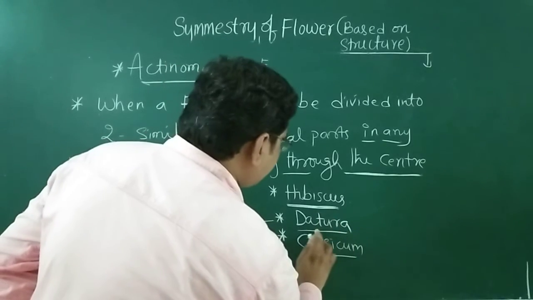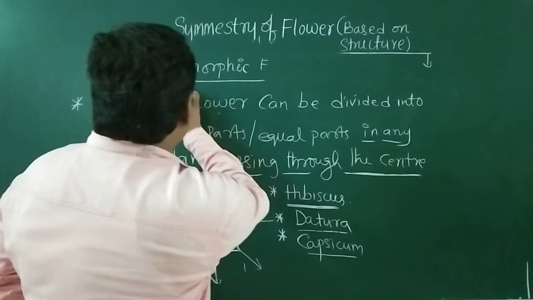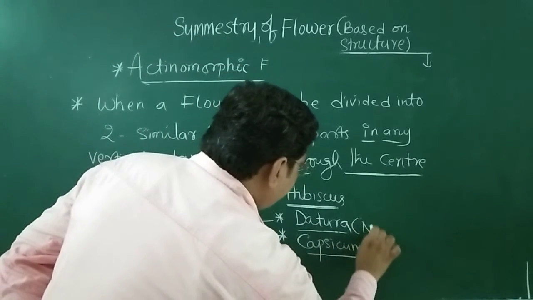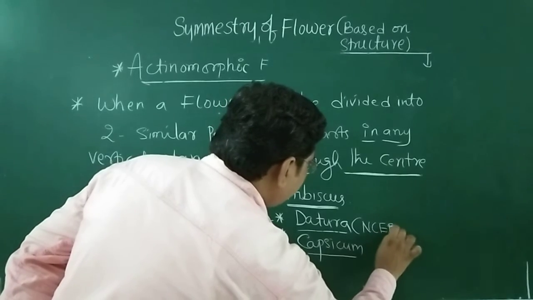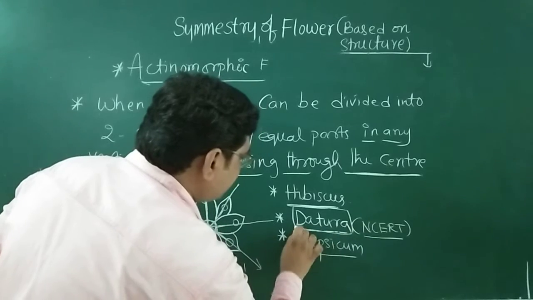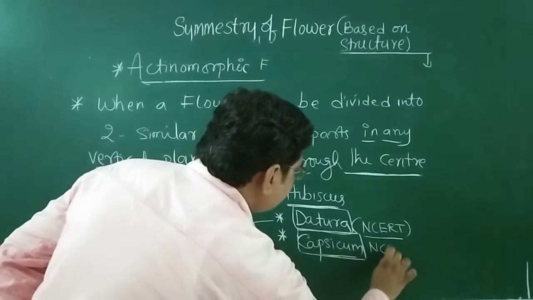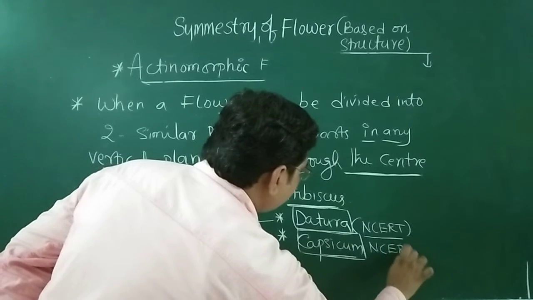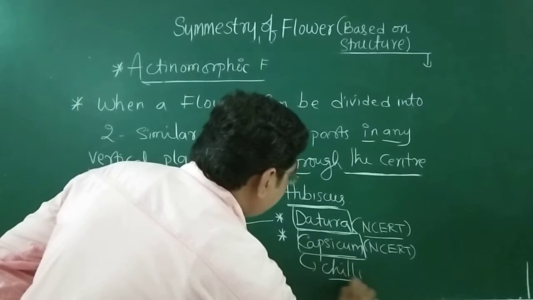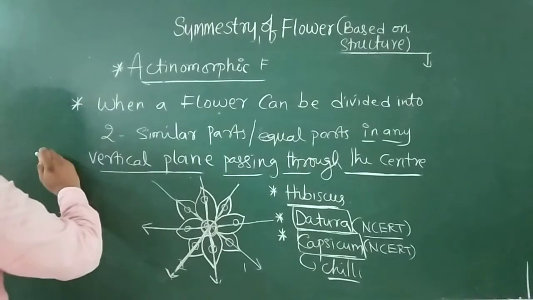In our NCERT textbook, datura is given as an example, and capsicum is also given. Capsicum is the scientific name of chili. These three are examples for actinomorphic.